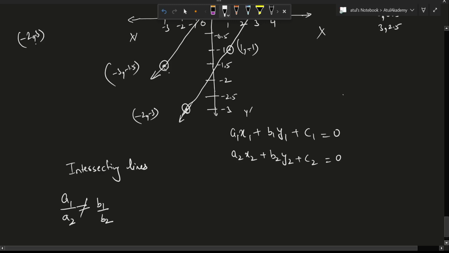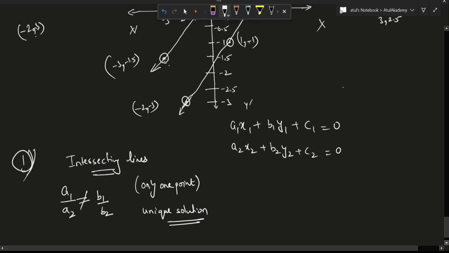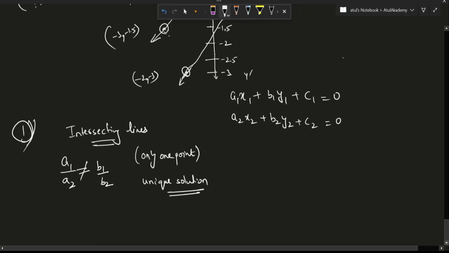You don't have to check c1, c2 here. The graph will be intersecting at only one point, meaning we say it is a unique solution: there will be only one value of x and one value of y that will satisfy both equations. That is the first one, intersecting lines, and that's consistent. The system of equations is consistent.